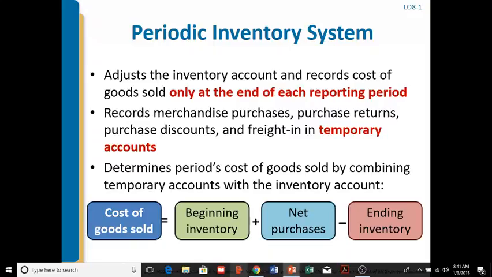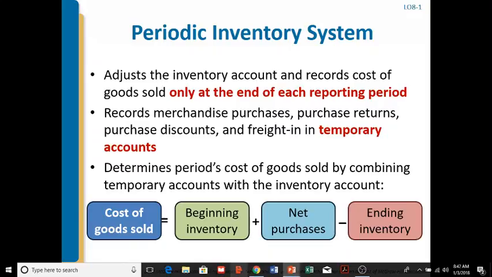And so essentially, with a periodic inventory system, the company knows what its beginning inventory is for the year, because that is the same number as ending inventory for the prior year.